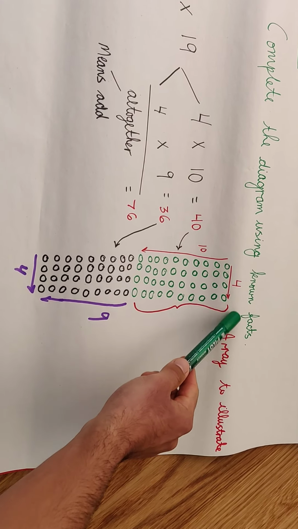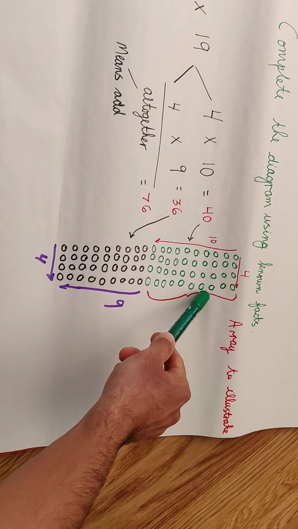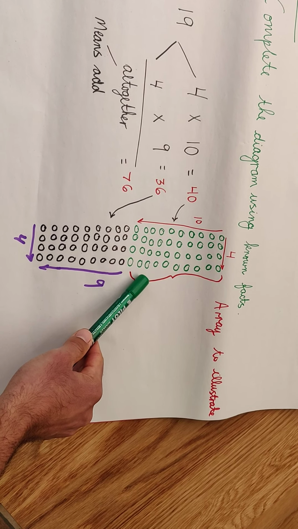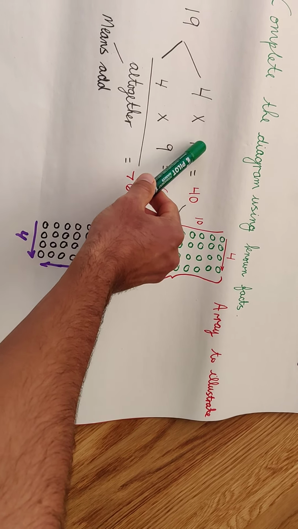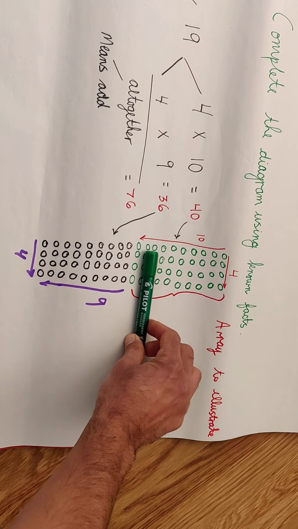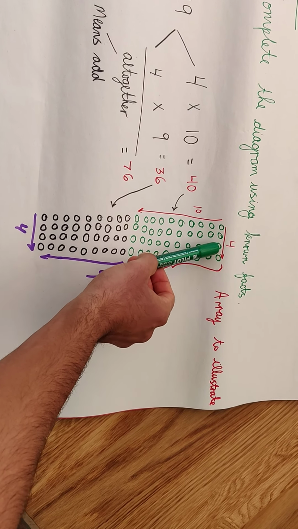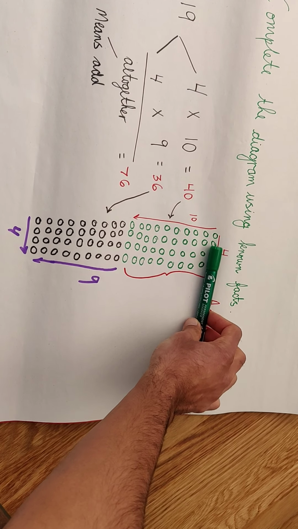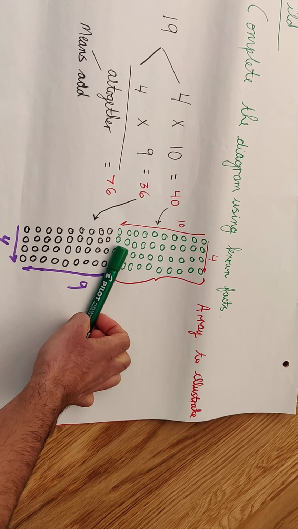Now, in order for you to visualize what I've just done here, I used an array. This is an array, or an arrangement. In this particular case, I decided to use just counters. For this one, I use 4 because I have 1, 2, 3, and 4, but I have added that 4 ten times.